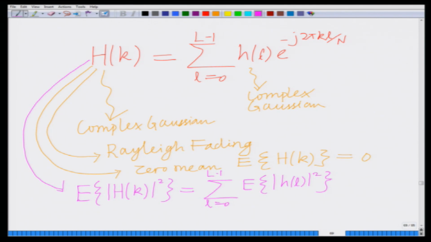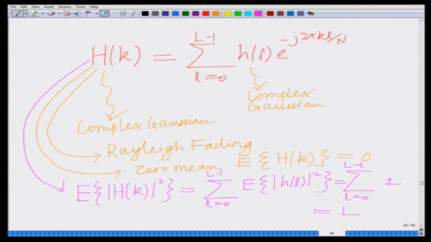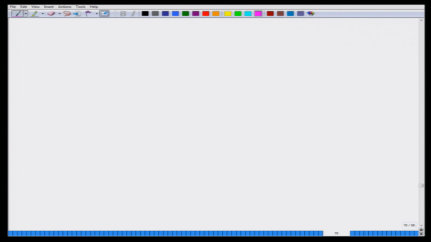So, this is the summation over l equal to 0 to L minus 1 of 1, which is therefore equal to capital L. So, what we have at the end is that each capital H k is in turn a Rayleigh fading coefficient.